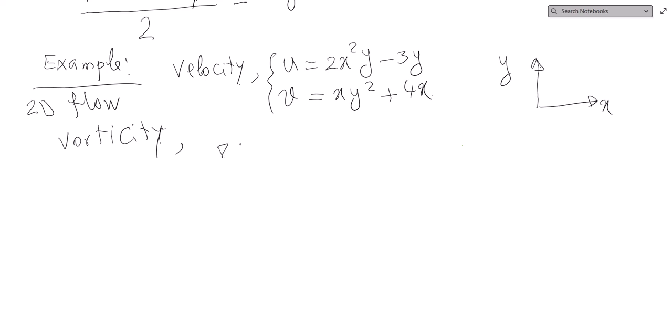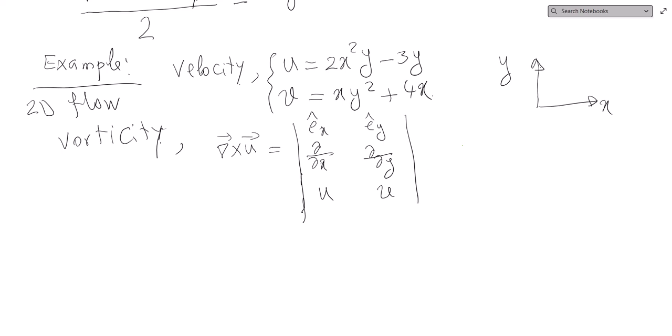So we can say curl of u is the determinant of ex, ey, and ez, the gradient, and the velocity components, say u and v, although I know that the component in z direction is 0.